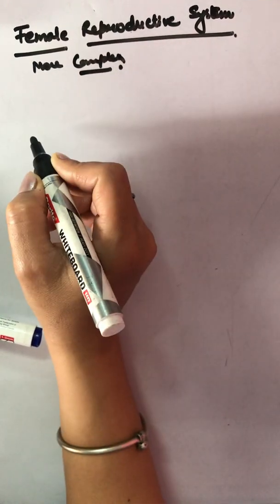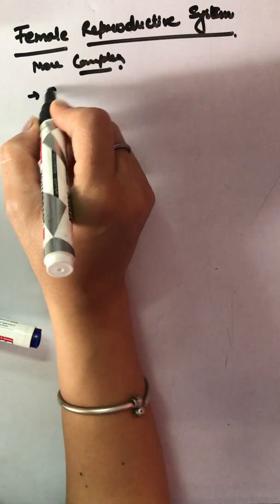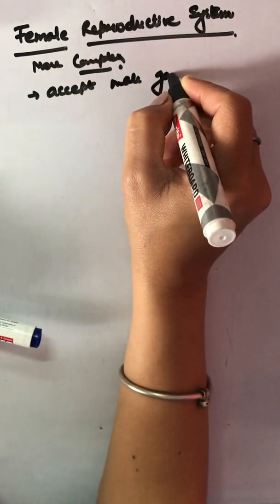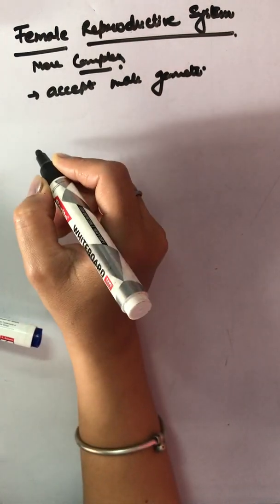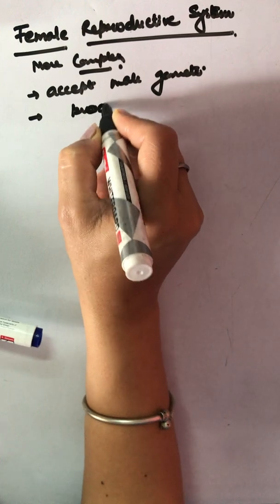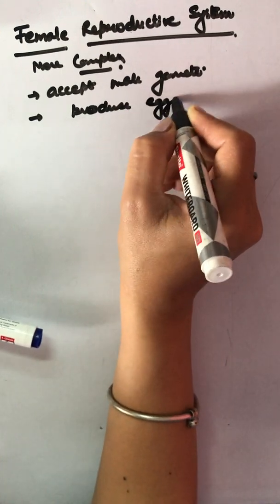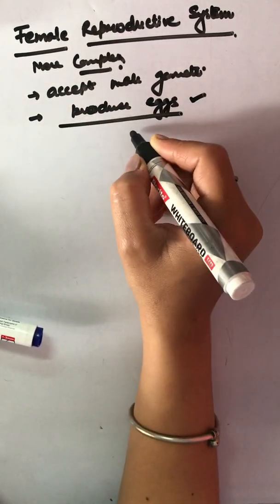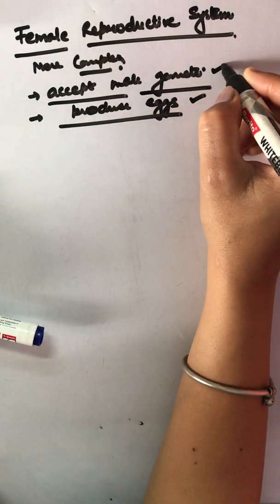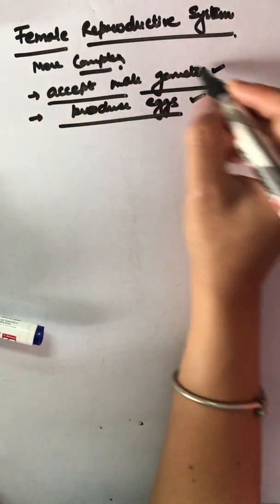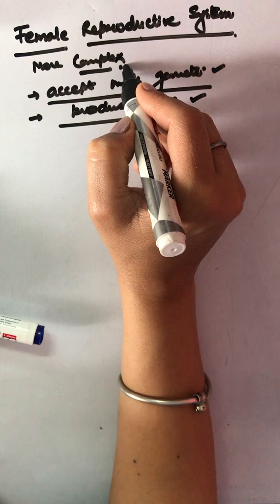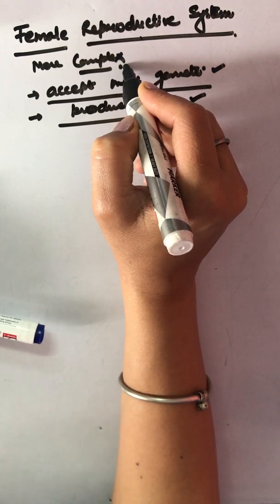Why so? Because it has to accept the male gamete, and secondly, it has to produce eggs. So one system is responsible for producing eggs, and the second will accept the male gamete and undergo fertilization. So both are working together in the same system. That's why we call it a little complex compared to the males.